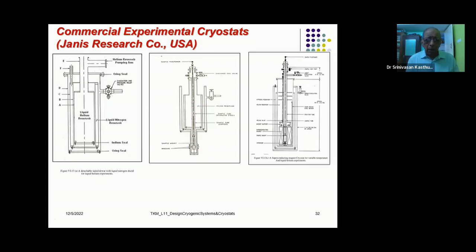Okay. Now there are also other commercial experimental cryostats. These experimental cryostats are available from different companies. I have chosen the drawings from Janis Research Company, United States of America. For example, the one on the extreme left is a simple liquid helium experimental cryostat.